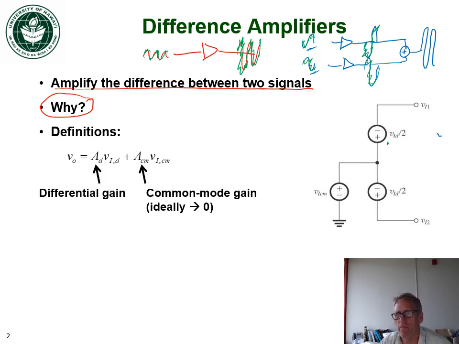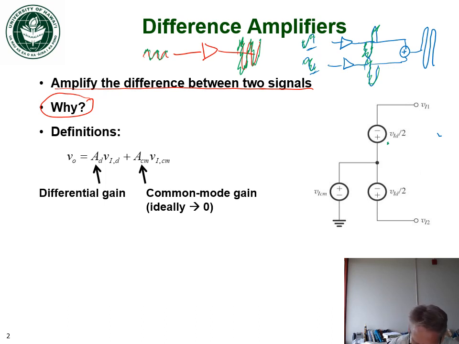Noise got amplified, but now when we subtract these two signals, and we're subtracting because one is out of phase with the other, the noise disappears because it's the same on both sides. So this is called differential signaling, and this is used all the time in practical circuits, especially on integrated circuits.